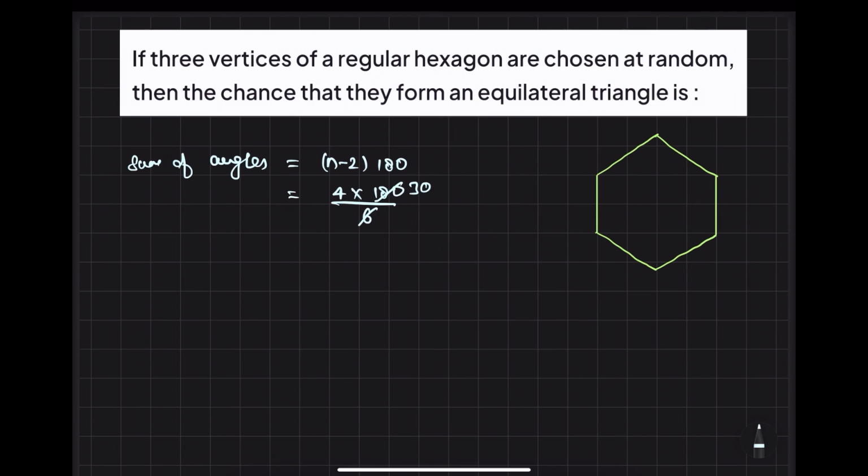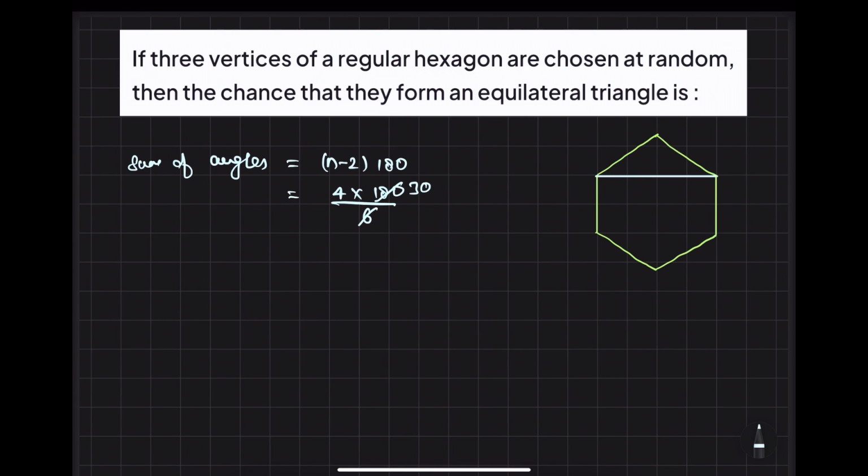Now you know that it is a hexagon. So look at this angle I'll talk about. Suppose I am connecting this with this. Okay, so this angle is 120. Now this angle and this angle will be the same, so 30 each.